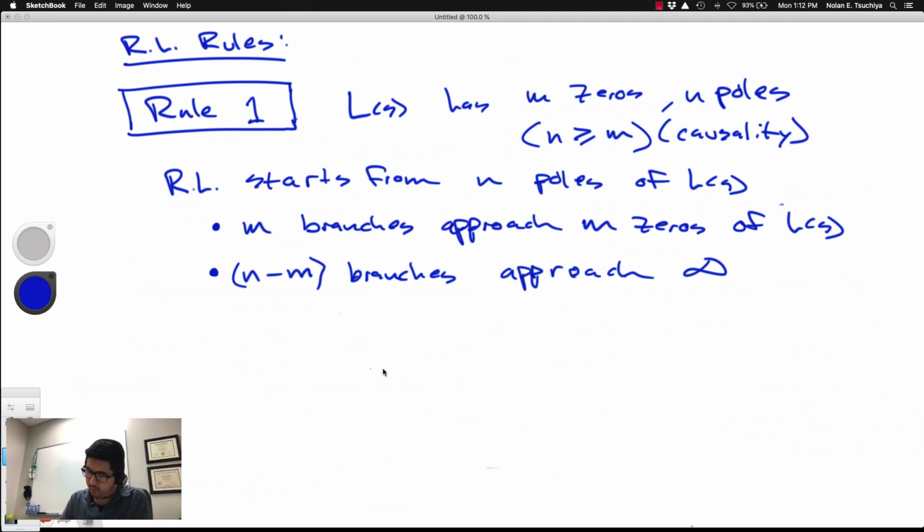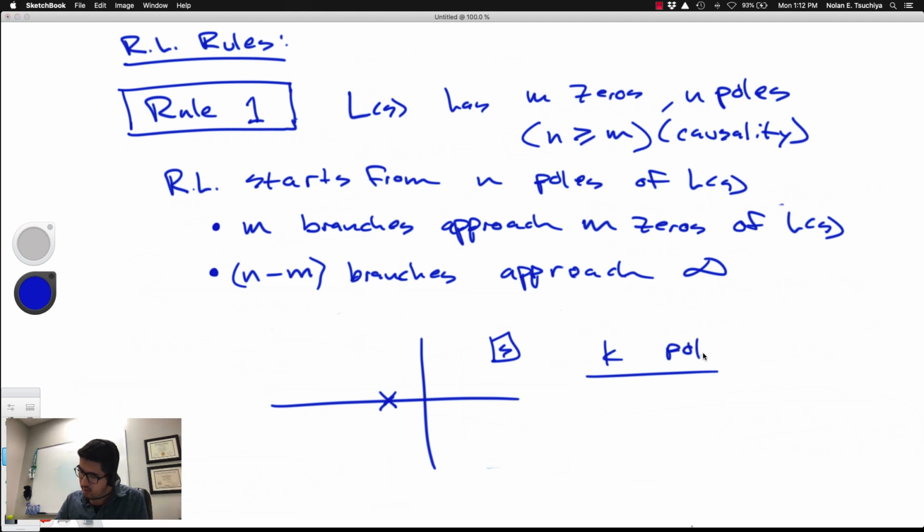We also did the very first example where we made that little table, and we actually computed a whole bunch of pole locations. We said when k is 2, there's a pole at -3. When k is 3, there's a pole at -4, and so on. Well, that traced out this branch that basically went straight to the left.